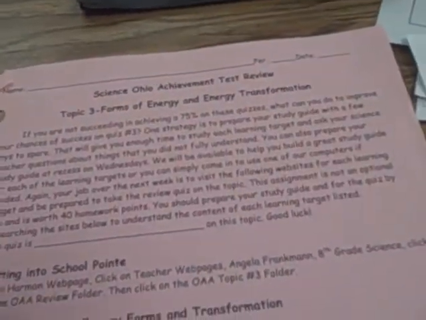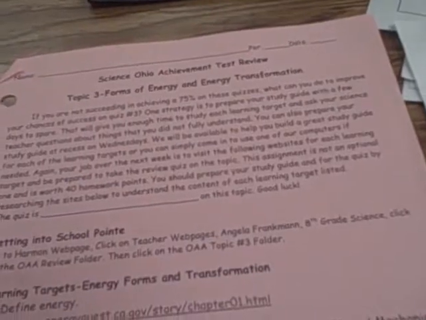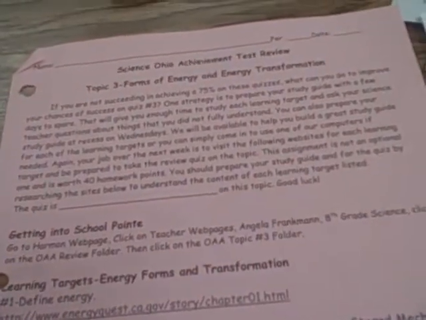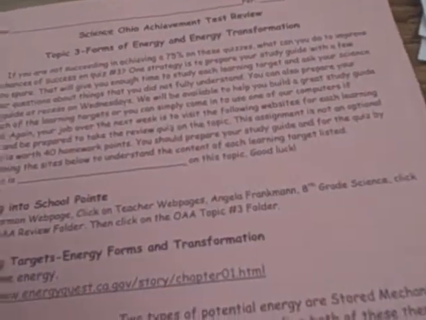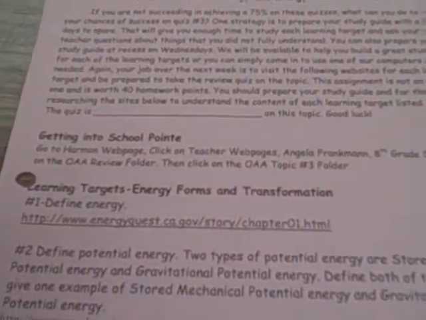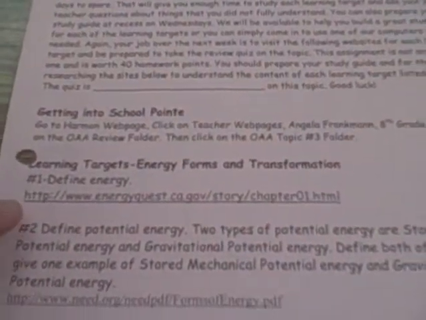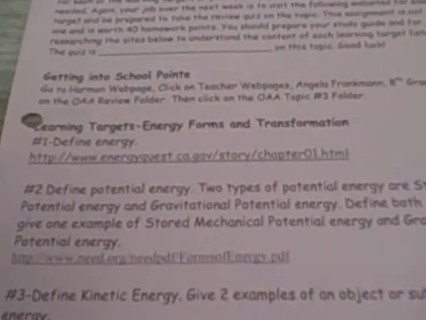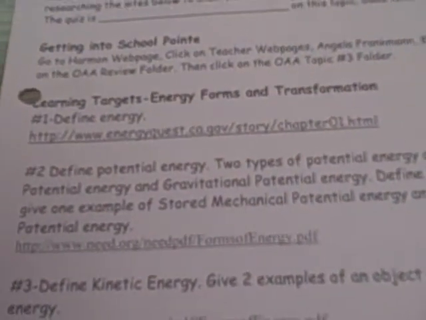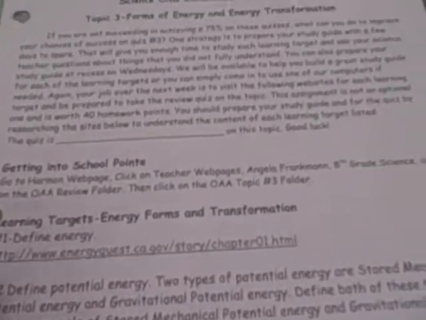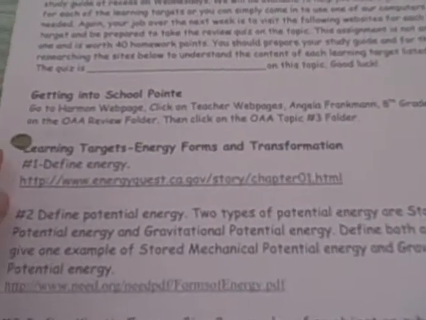Each learning topic has 8 to 10 learning targets, and you use those learning targets to help you build a study guide. We give you the resources in the form of websites. We have all of those websites listed on SchoolPoint, which I'll show you in just a minute. Students use this page that has the learning targets on it to create their study guide.